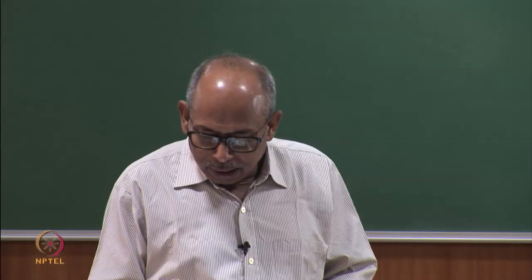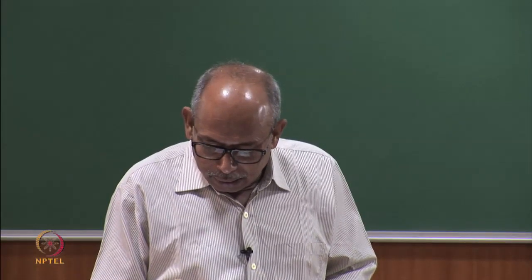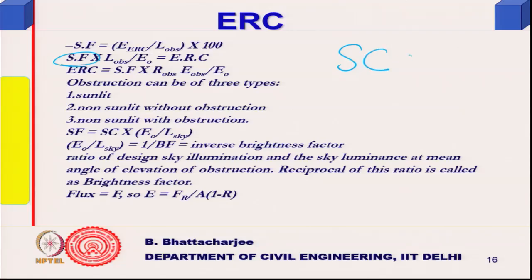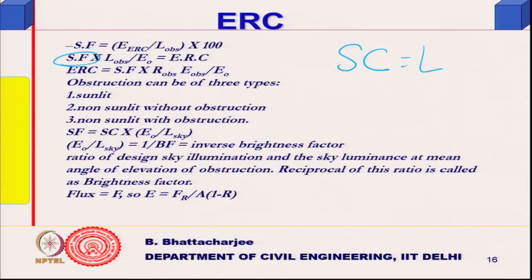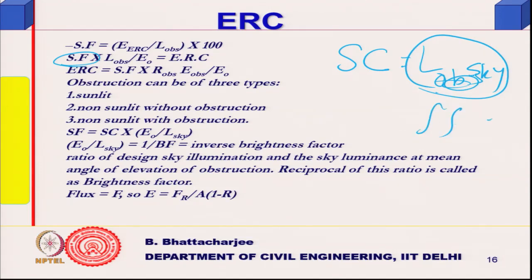Am I right? Because the sky component I actually found out for a small area, and average brightness, let us say, L sky. So, I have found out sky component for same integral etcetera.